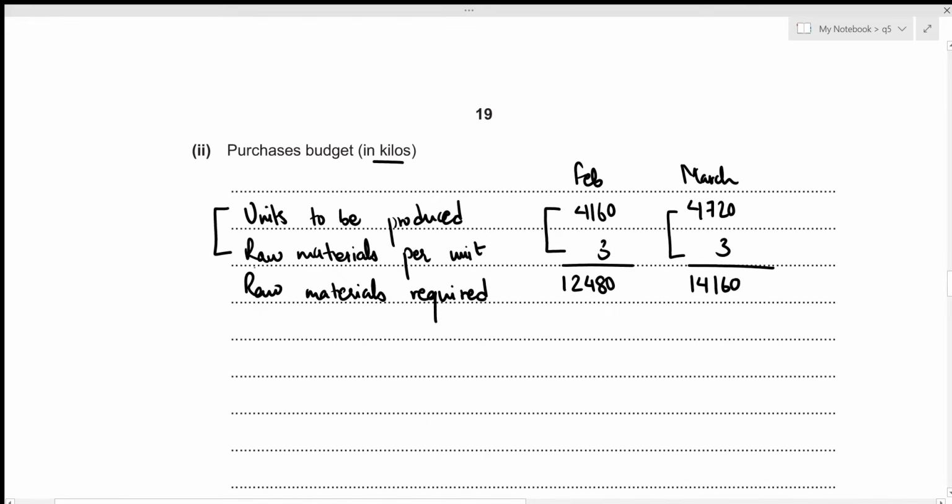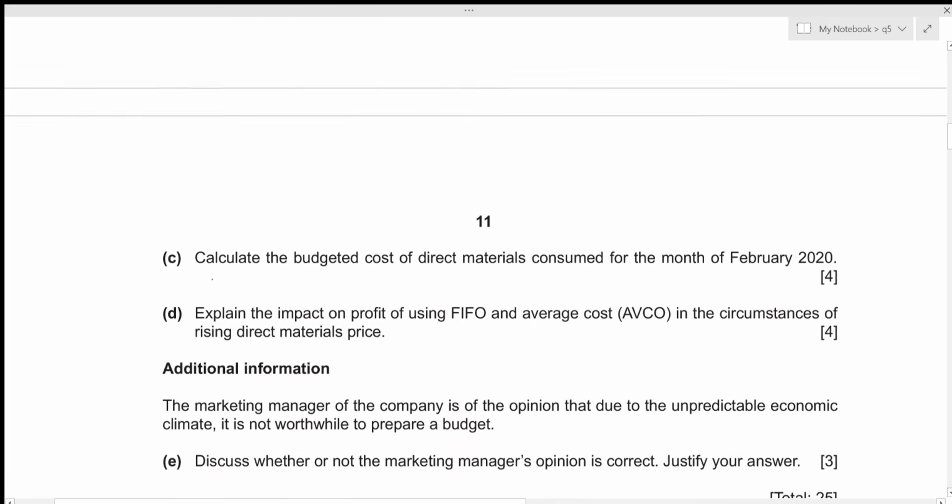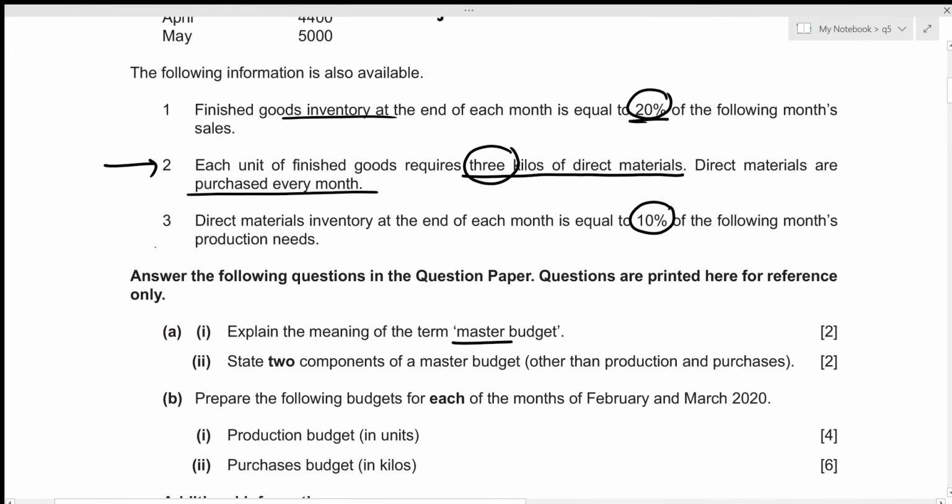Okay, these are the total raw materials required for this month, but we are also given the information regarding the closing inventories of our raw materials or direct materials right here. Direct materials inventory at the end of the month is equal to 10% of the following month's production needs. So like we did before in our production budget, we will be adding our closing inventories of direct materials because obviously those are purchased in this particular month, and then we will be subtracting our opening inventories because those were purchased in last month.